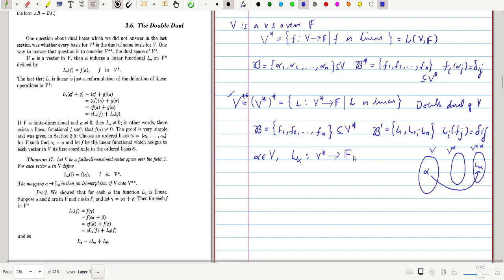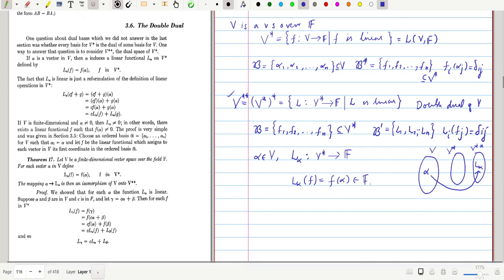This is the behavior of L alpha, and it is defined by L alpha of f equals f of alpha, an element in F. This is true for all f belonging to V star.